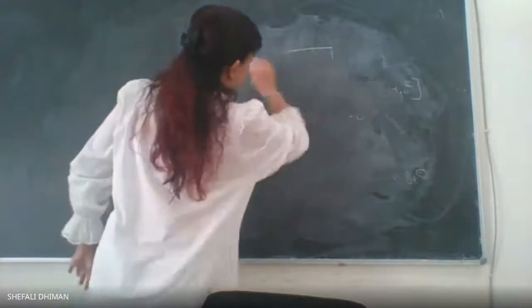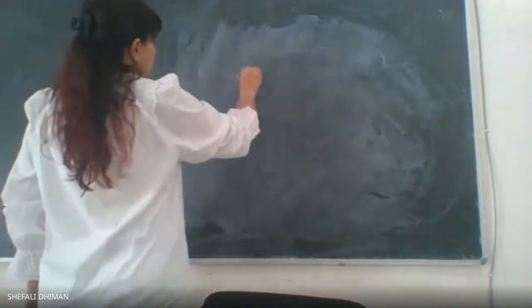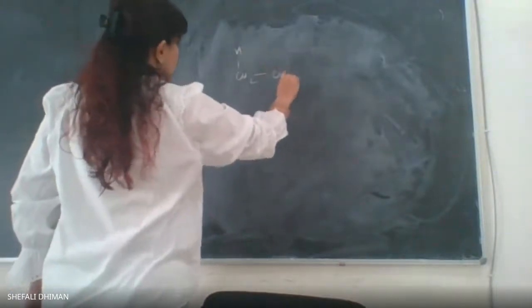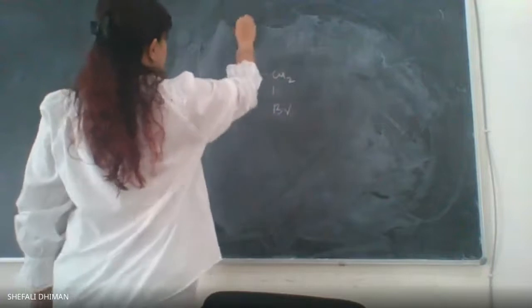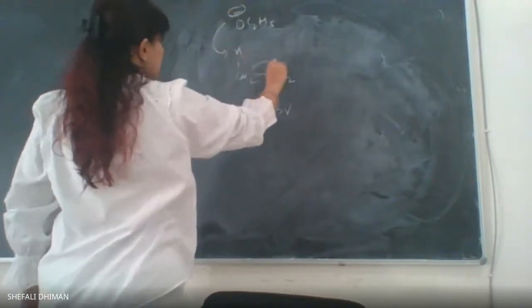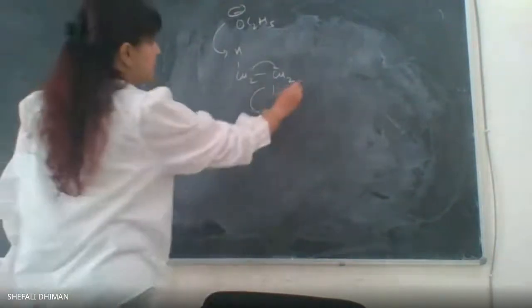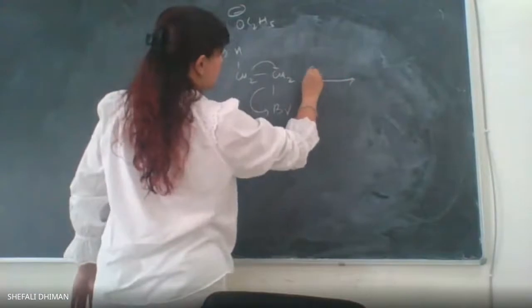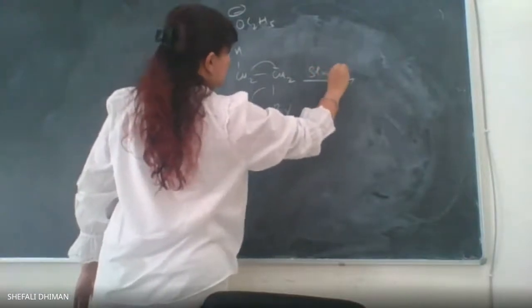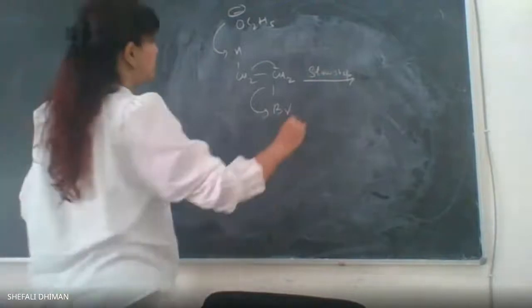Now let us write the mechanism of the reaction. So this is the slow step. What is the slow step? I'll tell you.